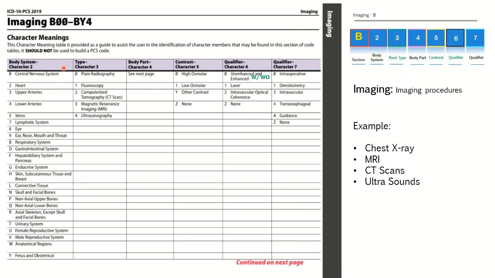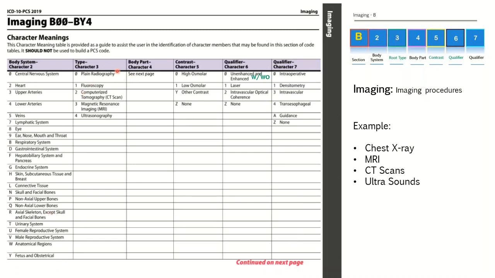For imaging, we have body systems from nervous system, heart, upper arteries, lower arteries, veins, lymphatic system, eye, ear, nose, mouth, and throat, respiratory system, gastrointestinal system, hepatobiliary system and pancreas, endocrine system, skin, subcutaneous tissue, and breast, connective tissue, skull and facial bones, non-axial upper bones, lower bones, axial skeleton except skull and facial bones, urinary system, female reproductive system, male reproductive system, anatomical regions, fetus, and obstetrical.